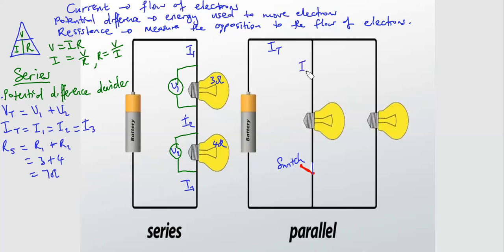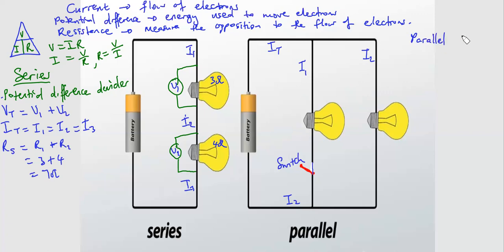So we've got current 1 going via the first resistor, the first bulb, and the other current going to the other bulb. If it's going to be split, it means this parallel connection is a current divider.